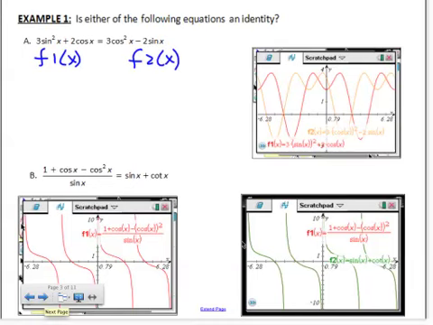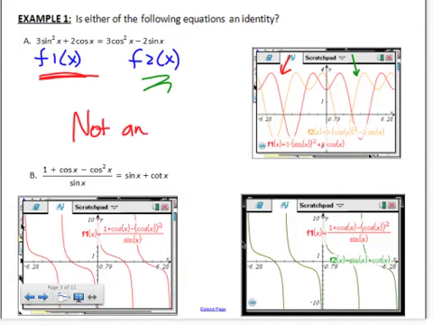You can see the red graph is f1 of x, and the yellow graph is f2 of x. Notice that they don't intersect at every single point, so this is not an identity. In order to be an identity, they have to intersect at every single point. So with this one, as far as making your function graph bold, it's not going to matter.